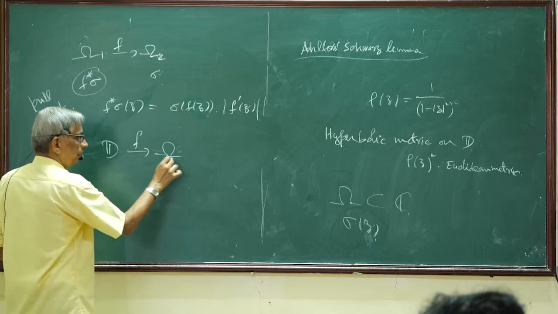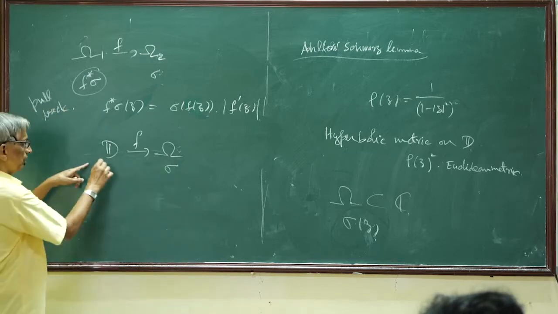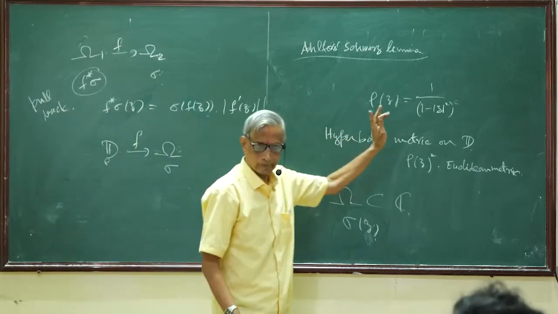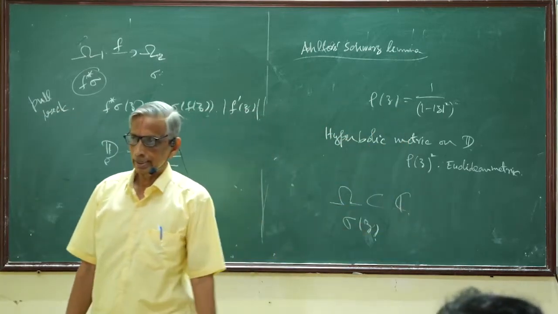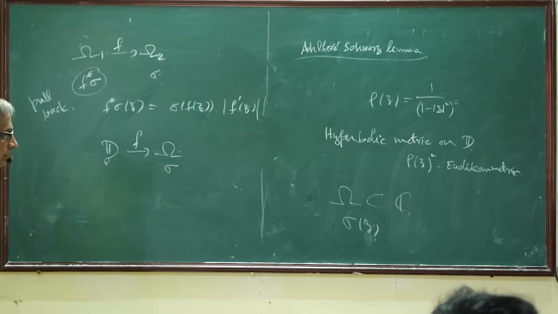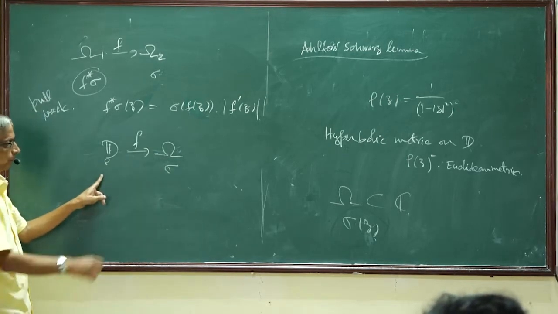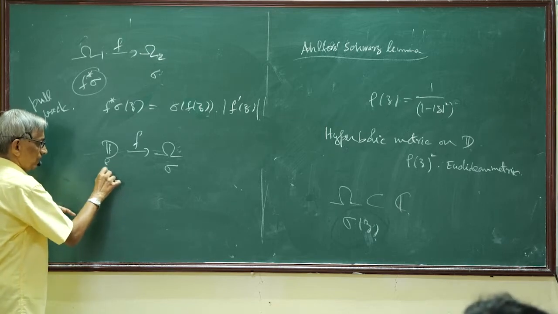And some metric there. So here you have the hyperbolic metric rho. That's fixed, right? So look at the pullback f star sigma.